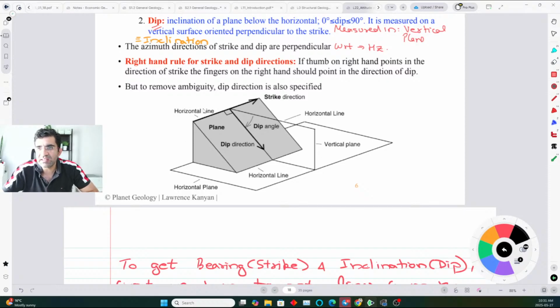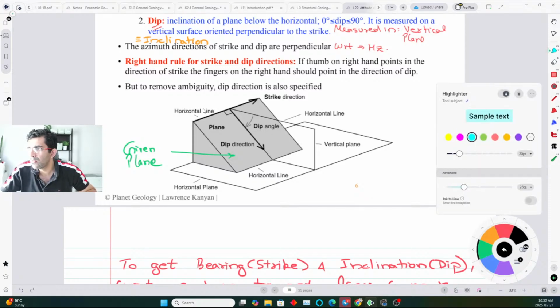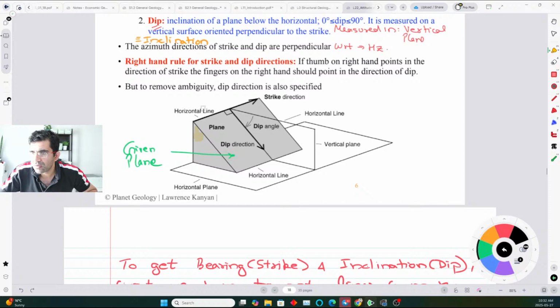This is basically the horizontal line, which is simply the intersection of the horizontal plane and the given plane. So this is your given plane, whereas this plane that you see here, let me color it maybe brown or orange, is a vertical plane.